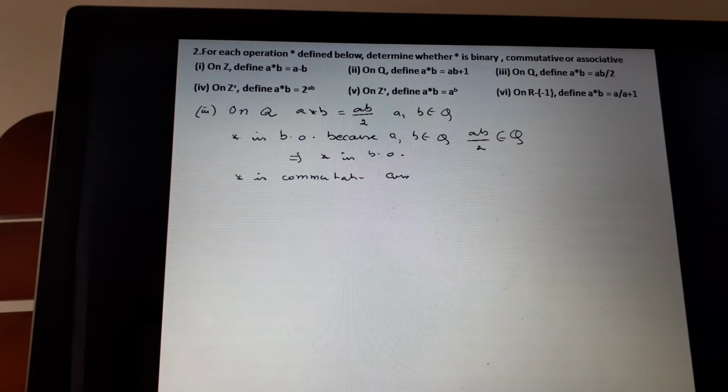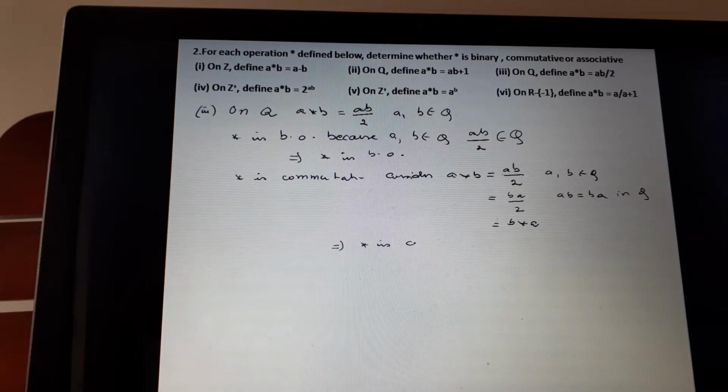Now consider A star B. By definition it is AB divided by 2, for any A, B belonging to Q. But now AB can be written as BA divided by 2 because AB equals BA in Q. So rational numbers are commutative with respect to multiplication. So this is nothing but B star A. So this implies star is commutative. So the second aspect is over.